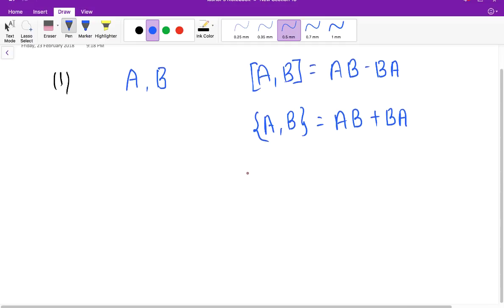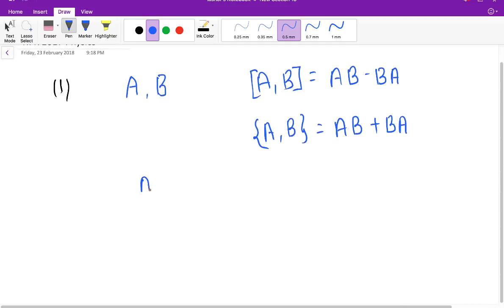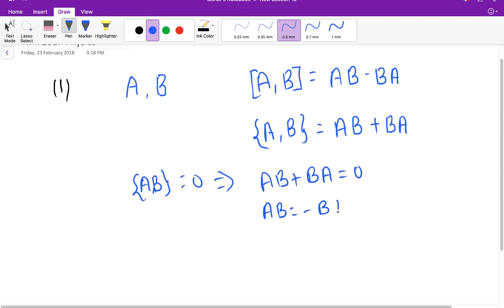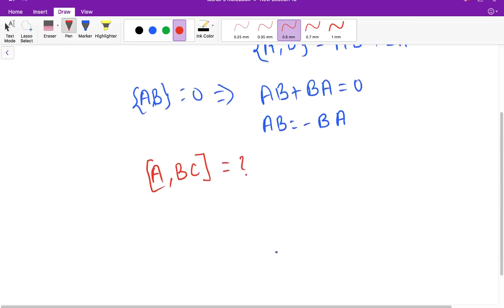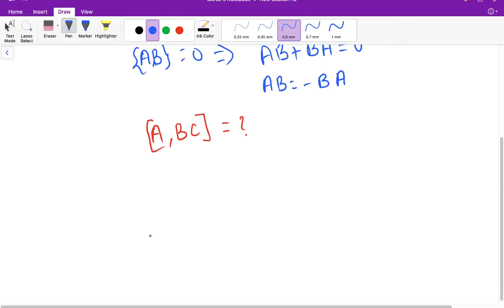Now in the question we have been given that the anti-commutator of A and B is 0, which is basically AB plus BA equal to 0, which means that AB equal to minus BA. Now the question is, what will be the commutator of A with BC? Okay, so let's do it.